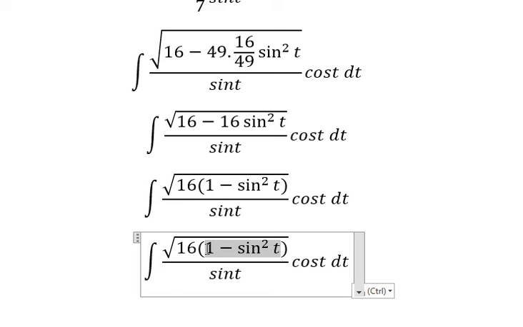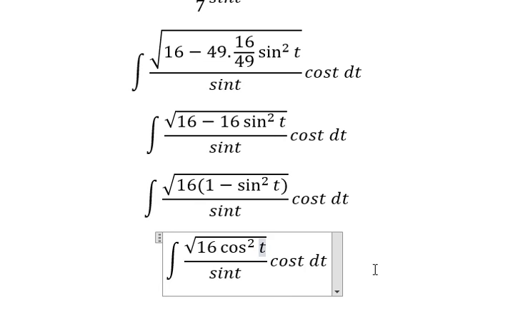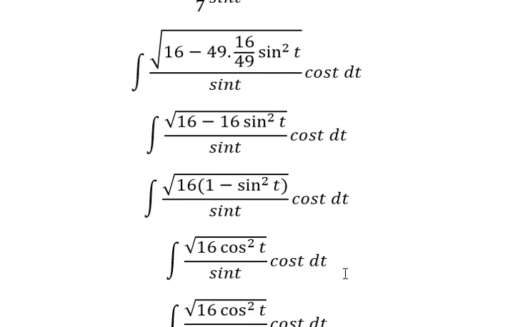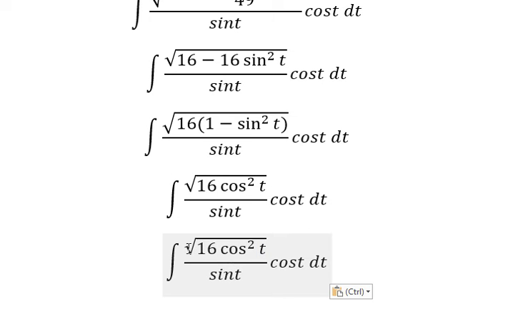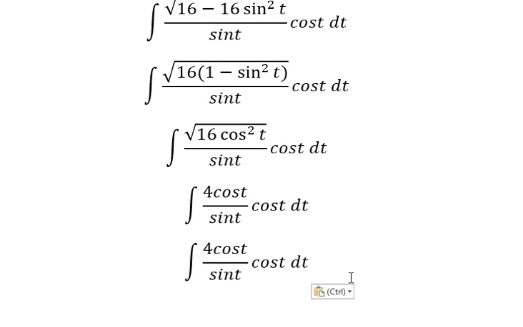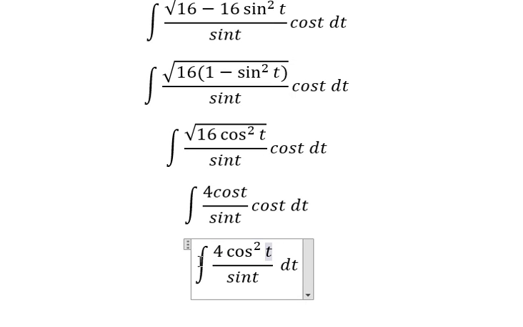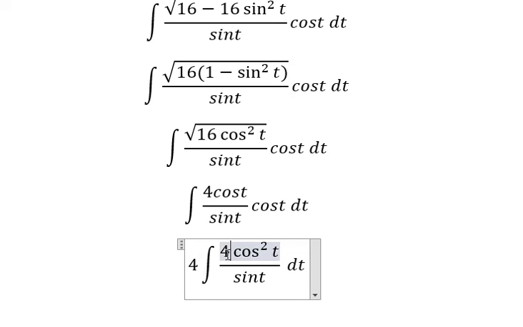This one you get cosine t squared. The square root of 16 cosine t squared, you get 4 cosine t. Cosine t, you get cosine t squared. Number 4 we put in here.